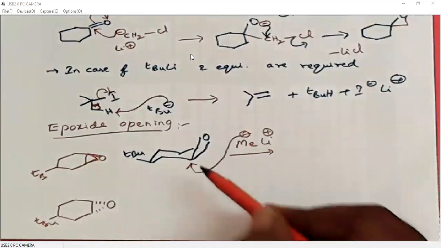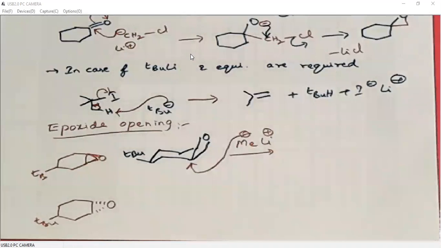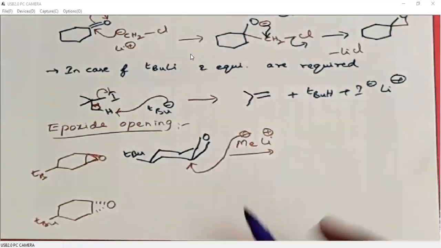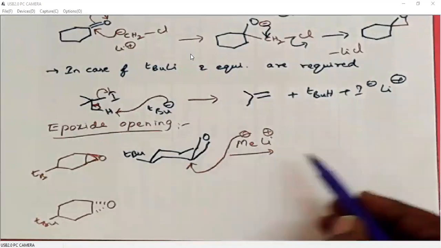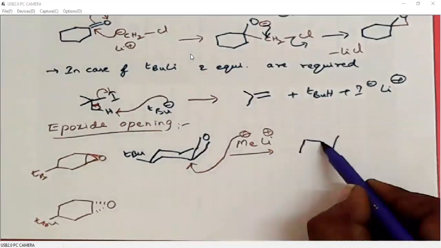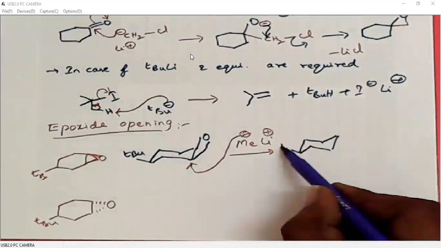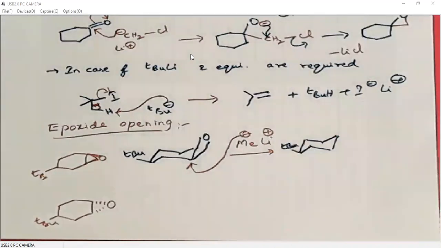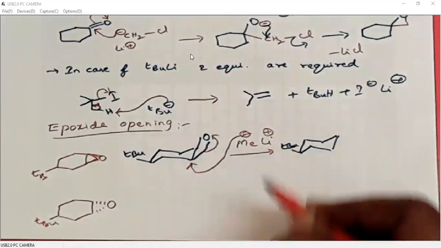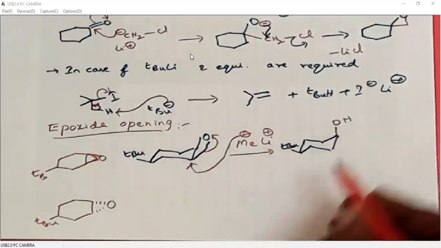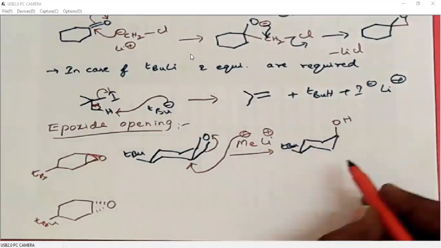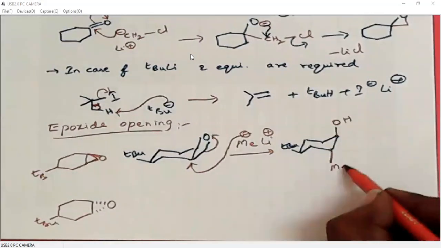That means if you open the ring by attacking methyl on this carbon, the epoxide will be leaving, so OH will be axial. Since methyl is coming from below the plane, methyl will be axial.